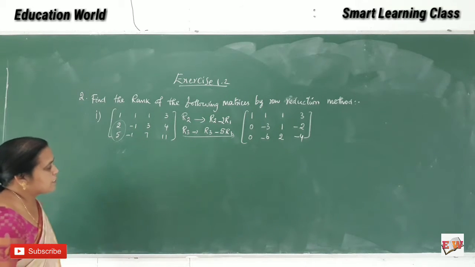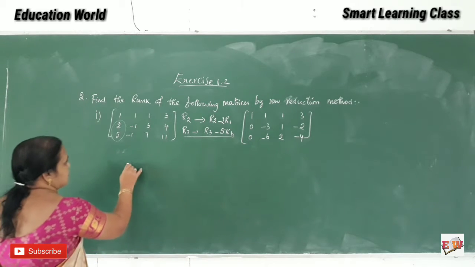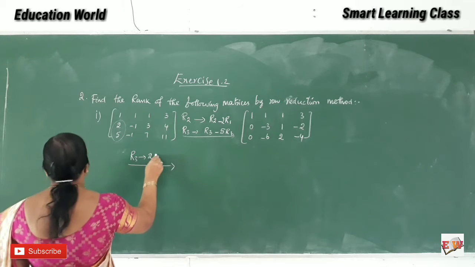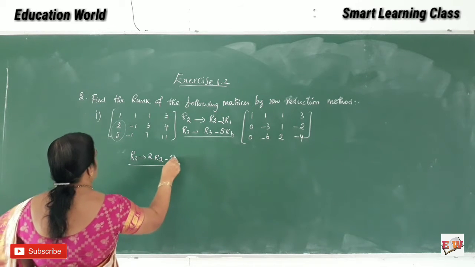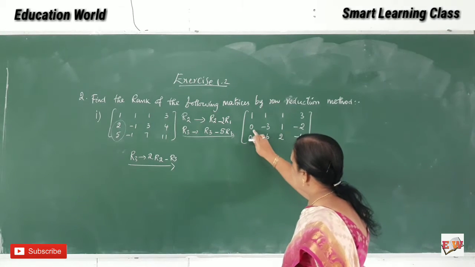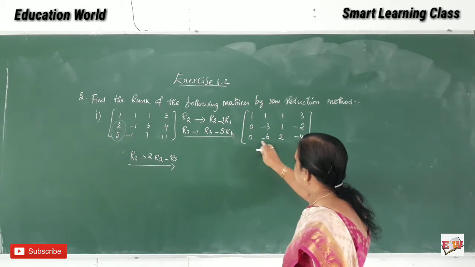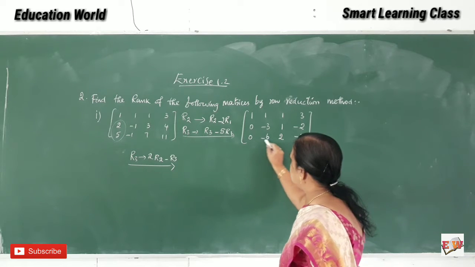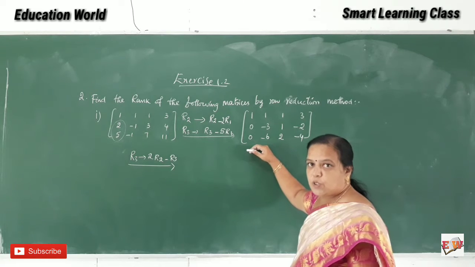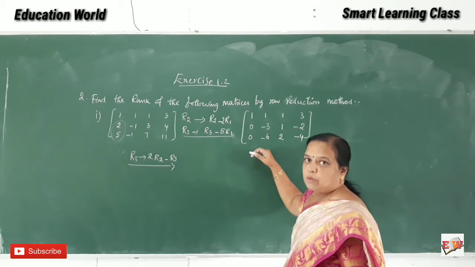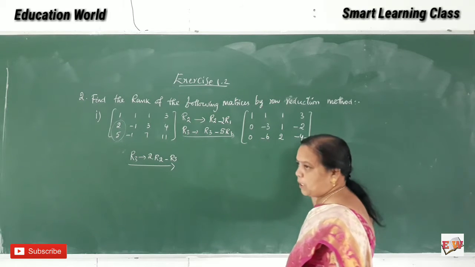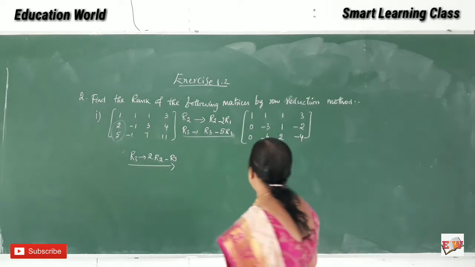Okay. Next I am going to transform R3 to R2 minus R3. Why are we going to do this? We have to bring all the entries of the last row to 0, isn't it? All the entries of the bottom row should be 0.